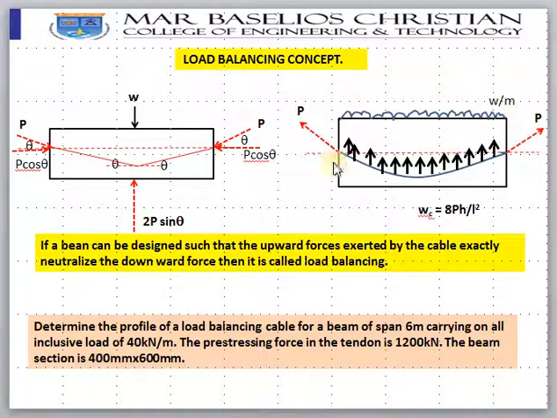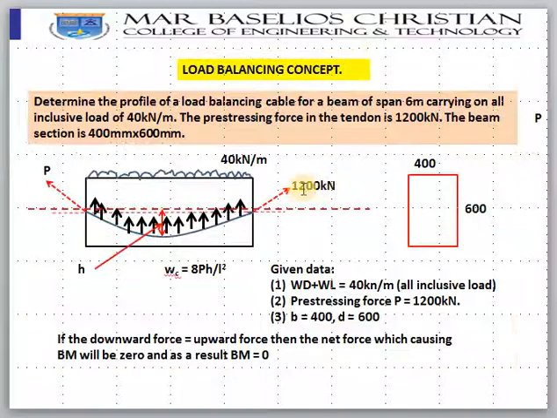If there is a UD load, then the bending moment diagram has the same shape as the tendon profile. So check whether it is a UD load; if it is, go for parabolic profile. If it's a point load, go for bent up profile. In our case it is a UD load, so I will go for parabolic.